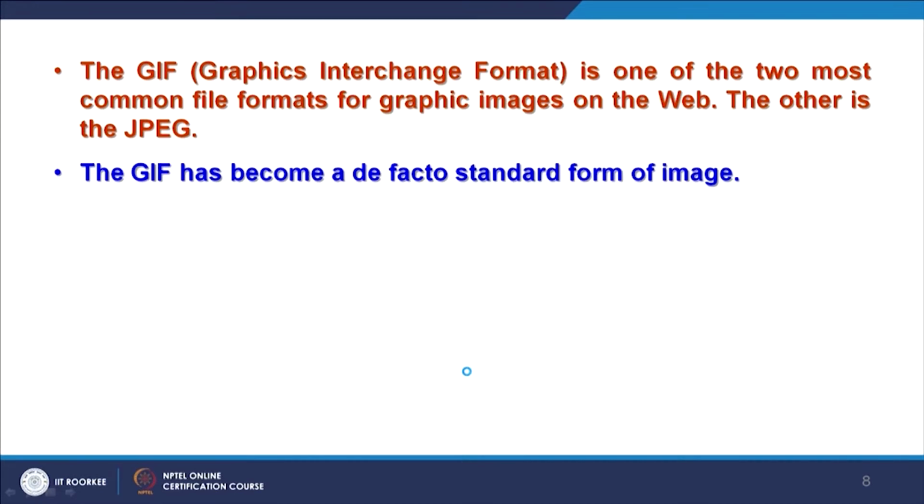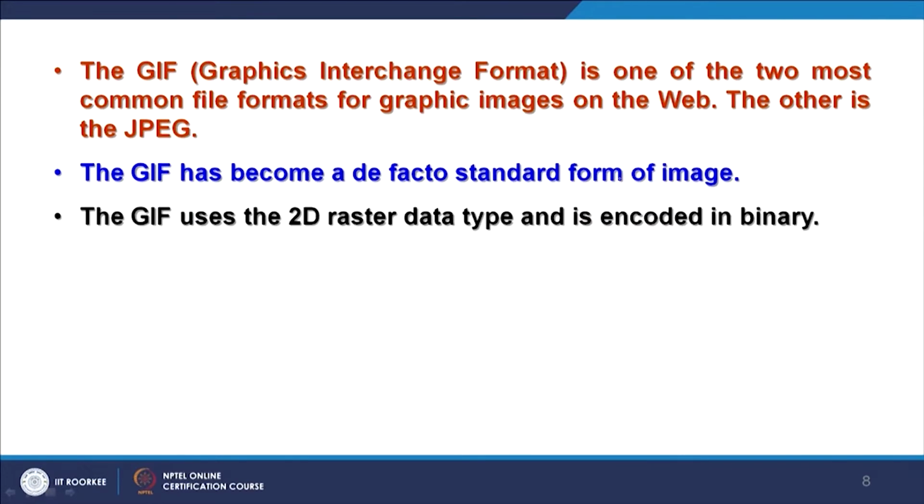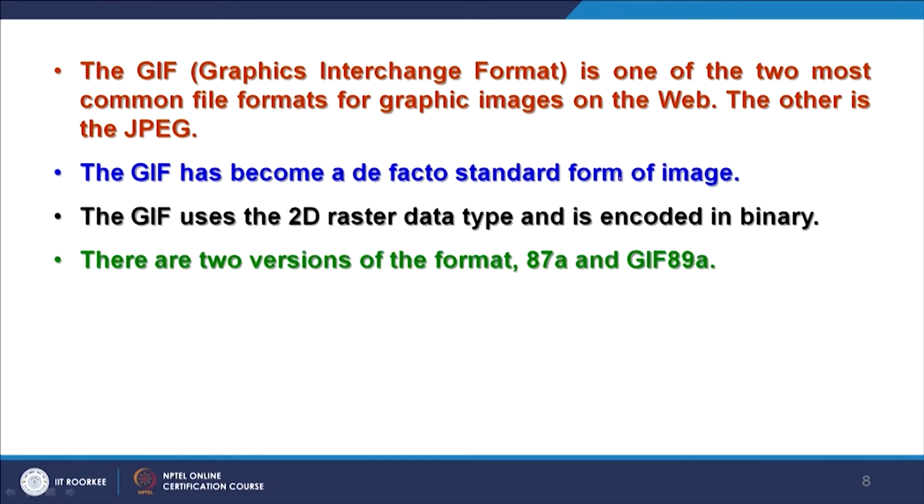Now, GIF is a very common format along with the JPEG format. GIF has become a de facto standard for animated images, and can also be used for 2D raster type data and encoded in binary. That means we can achieve quite good compression, and there are two known versions: GIF 87A and GIF 89A.